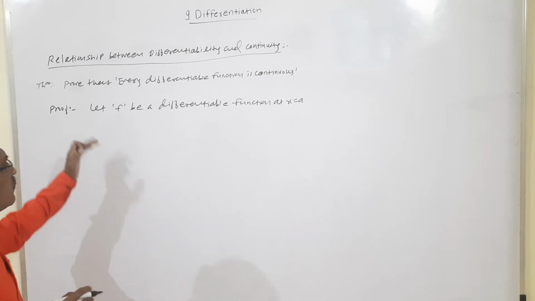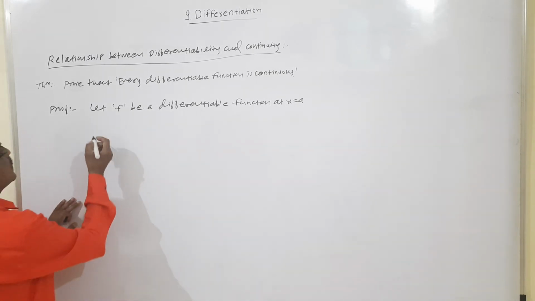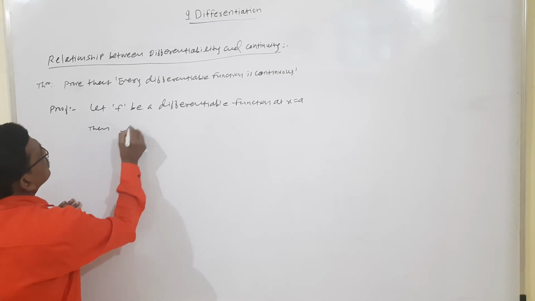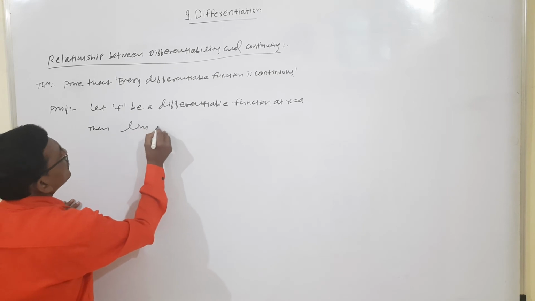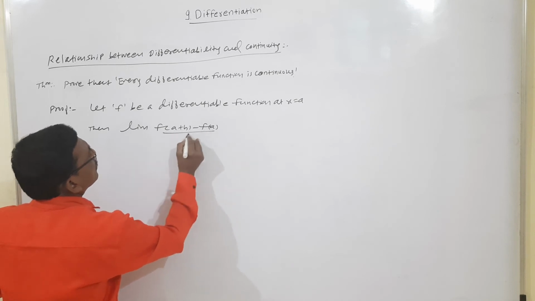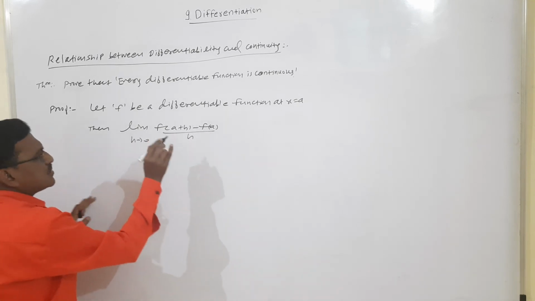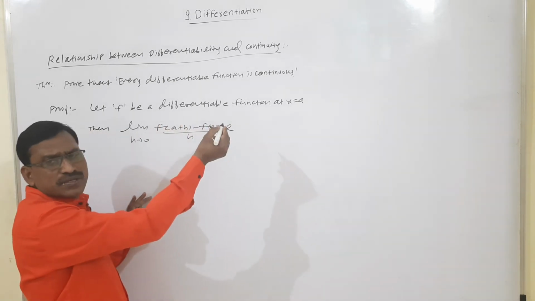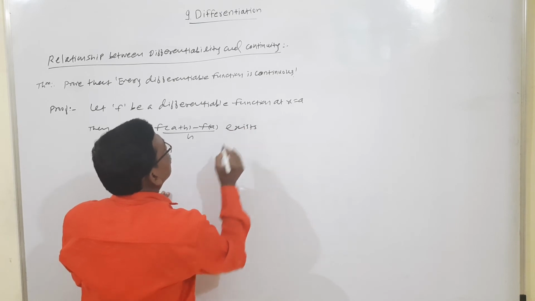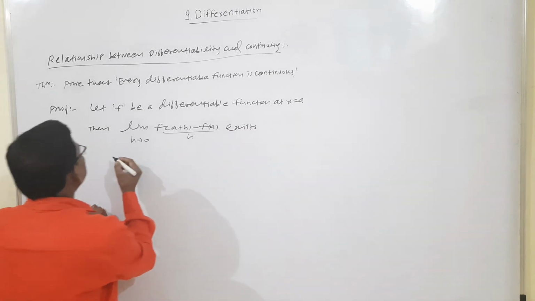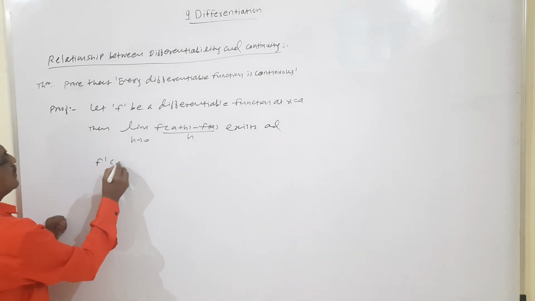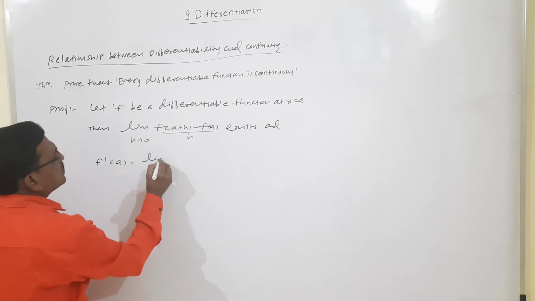We know that if the function is differentiable at x equal to a, then its limit exists: the limit of f of a plus h minus f of a upon h as h tends to 0. This limit exists because the function is differentiable at x equal to a, and therefore we write this limit as f dash a. f dash a is equal to this limit.